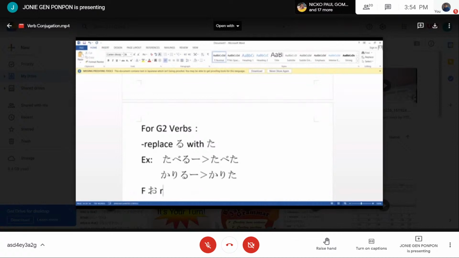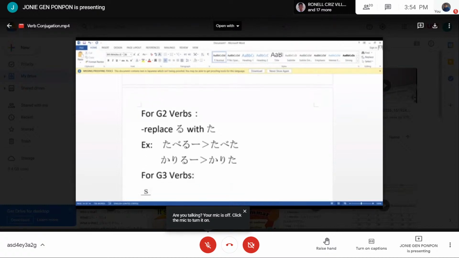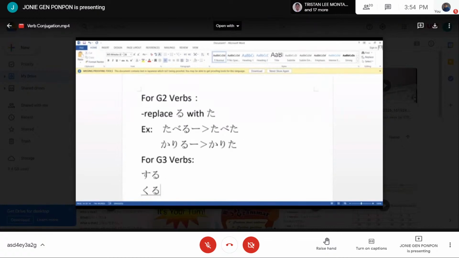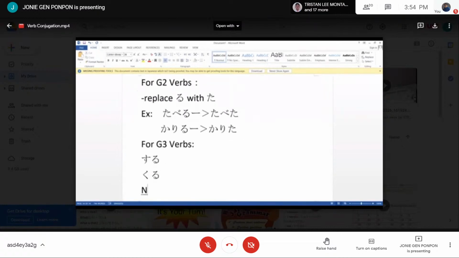Okay, now for group 3 verbs. For group 3 verbs, we have suru and kuru. Suru will become shita.